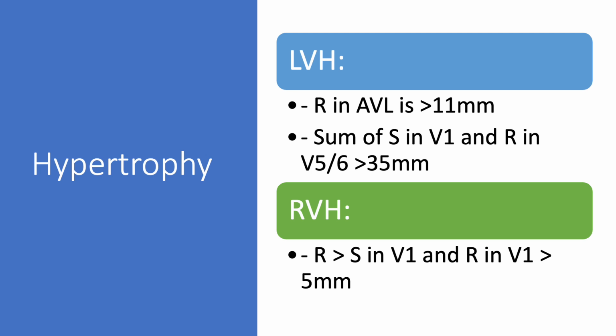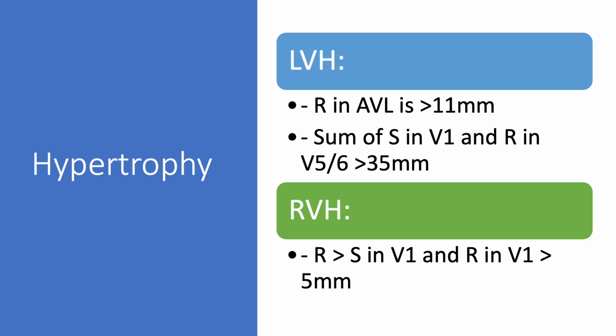For left ventricular hypertrophy, there are multiple criteria that are out there. There are 2 very common ones that I use, and the patient could meet criteria for left ventricular hypertrophy if just one of these is true. Both of these do not have to be true, and so you need to know a couple of them, because if you only memorize one, you could be missing a left ventricular hypertrophy.